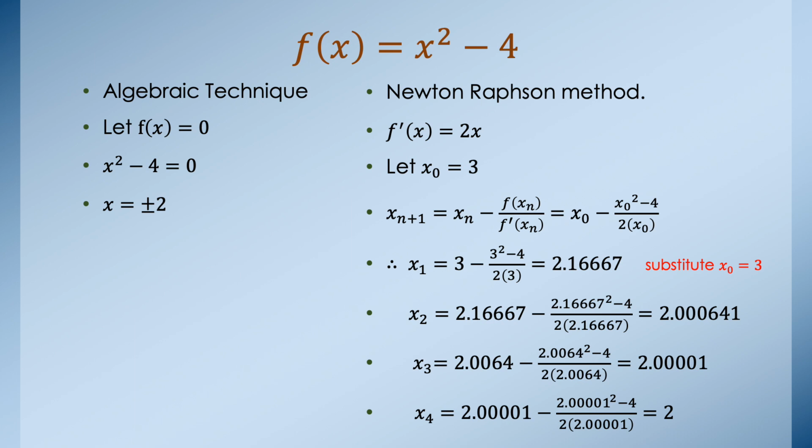So we obtain x1 equal to 2.16667. We do the same process of calculation until we get x4 equal to 2. So we can conclude that the Newton-Raphson method can give a good approximation of the root of a function.